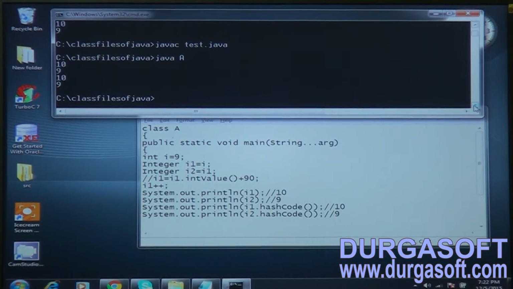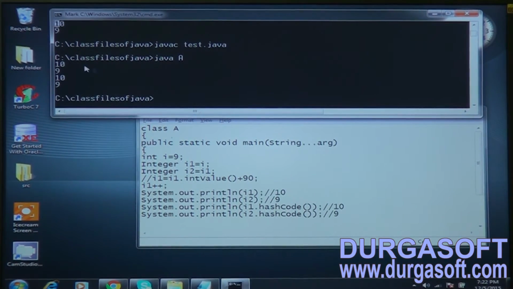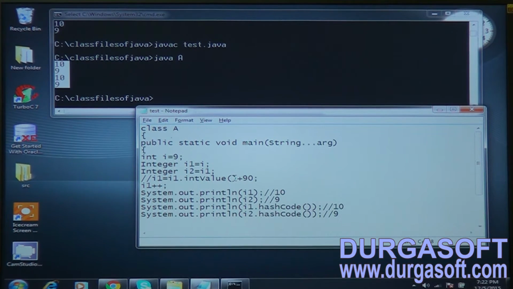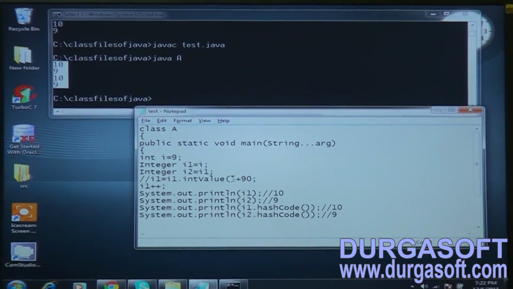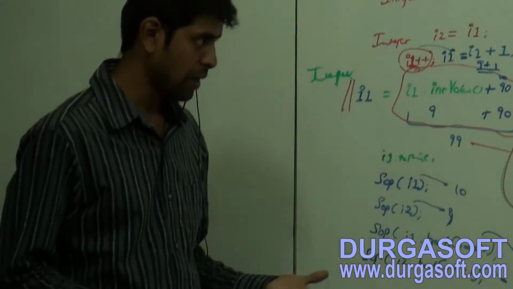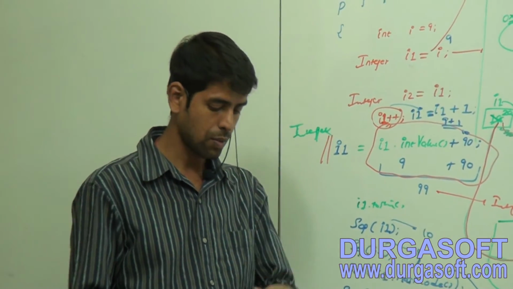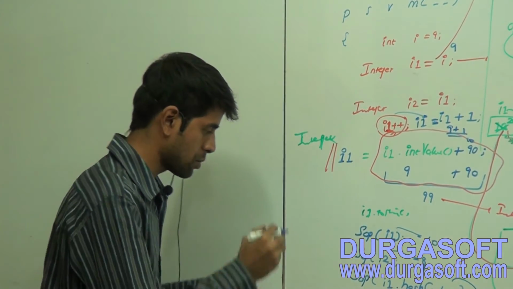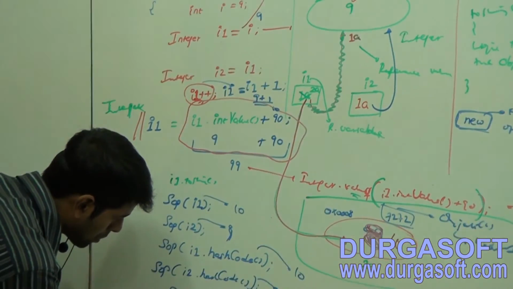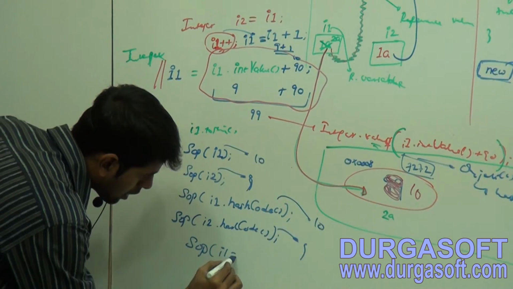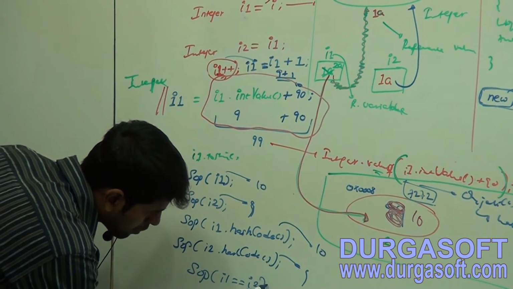Observe. I hope you understand this one. Most of us are aware of that one, but we are skipping it. Now observe: SOP of I1 double equals I2.